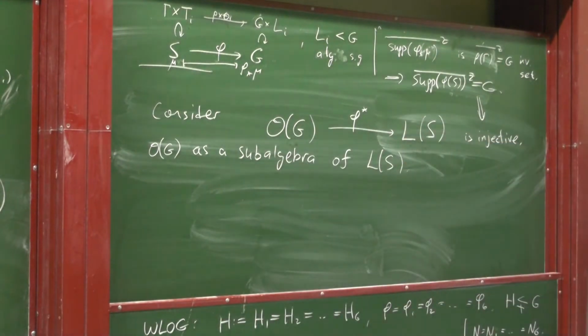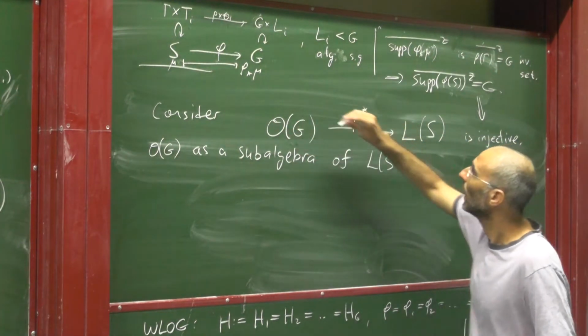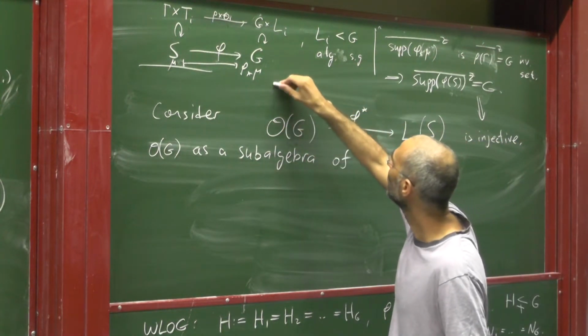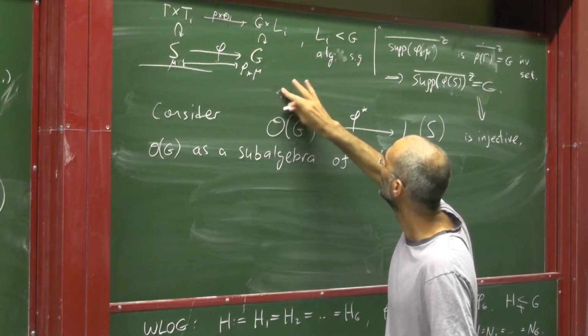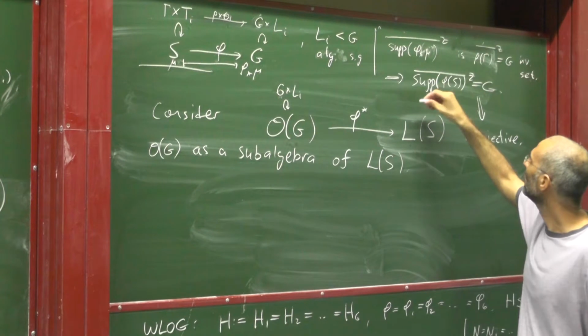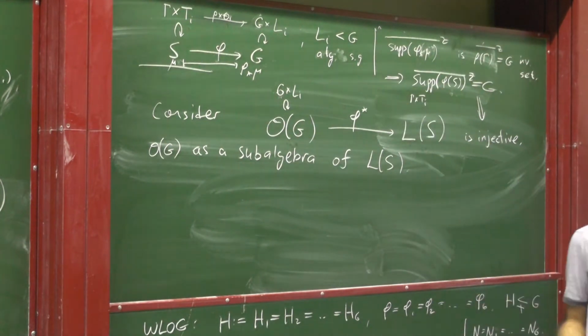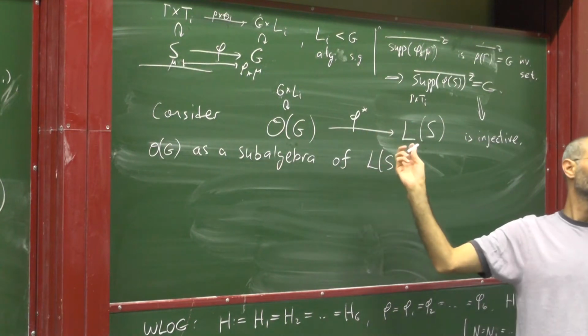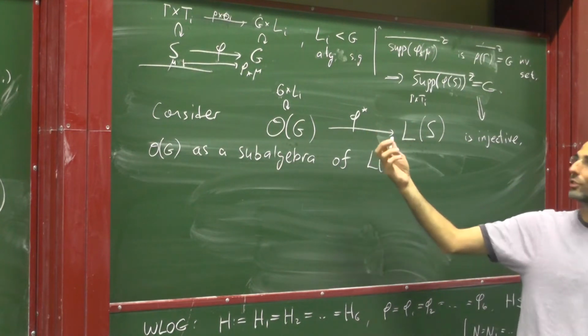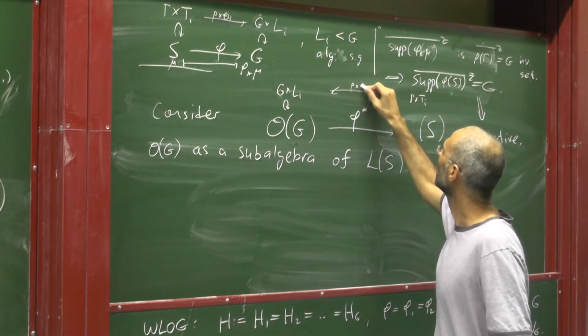Consider the image. But now here I have again gamma times T_i acting. This map is equivariant with respect to each rho times theta_i.